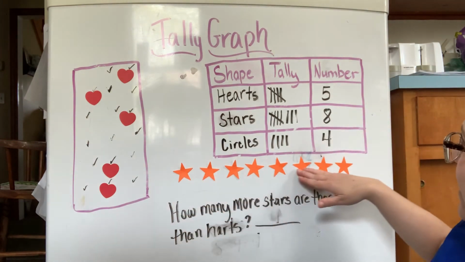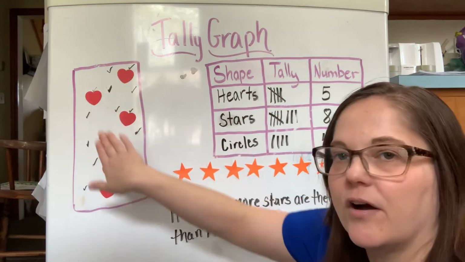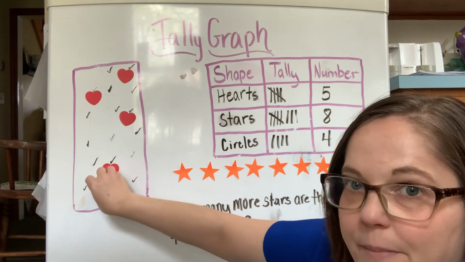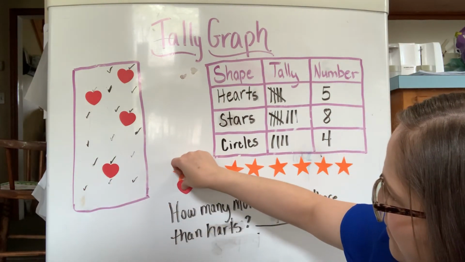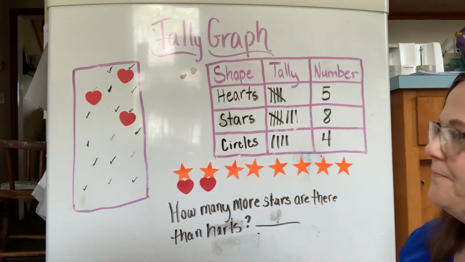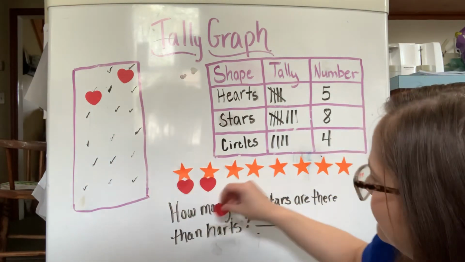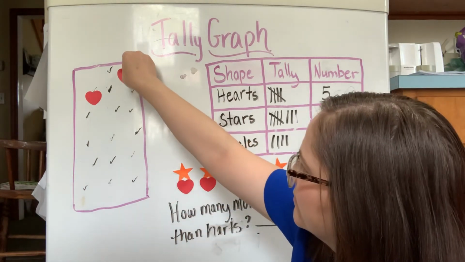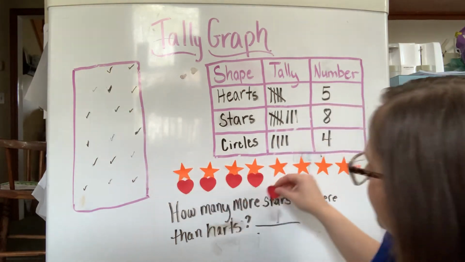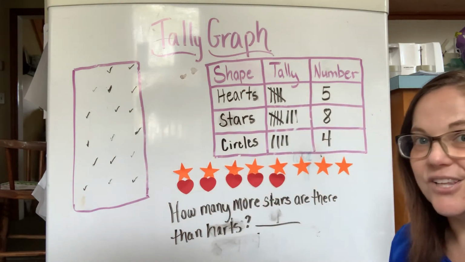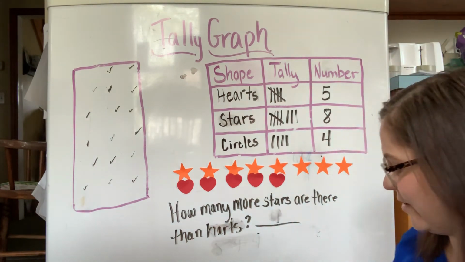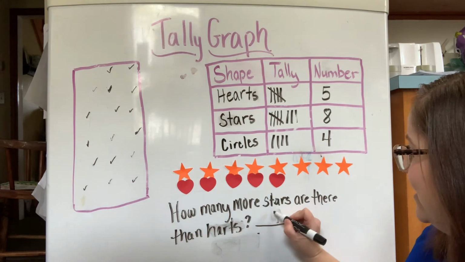So I have 8 stars, I have 5 hearts. How many more stars than hearts do I have? So I'm going to start doing my matchup. What are you guys thinking? Take a look. I have 3 more stars than hearts. My answer is 3.